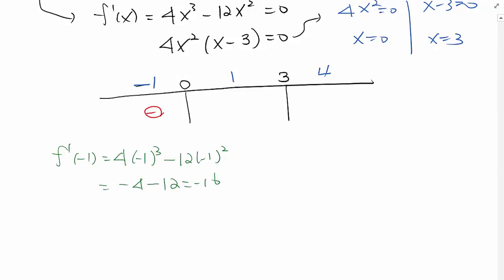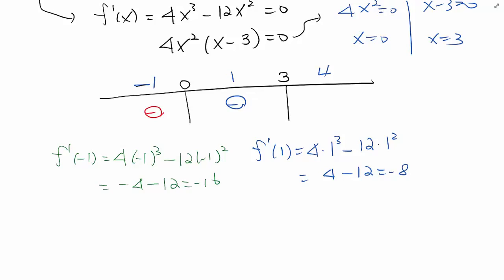Okay, now f prime of 1 means 4 times 1 cubed minus 12 times 1 squared, which is 4 minus 12. Oh, this is negative 8. So another negative here.